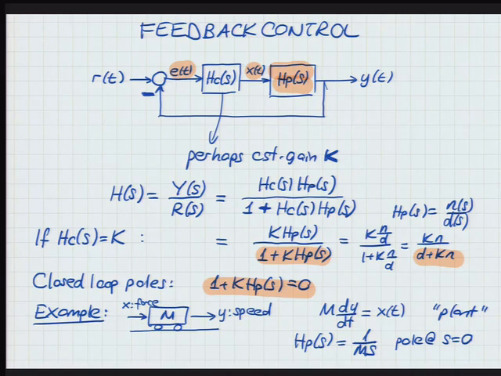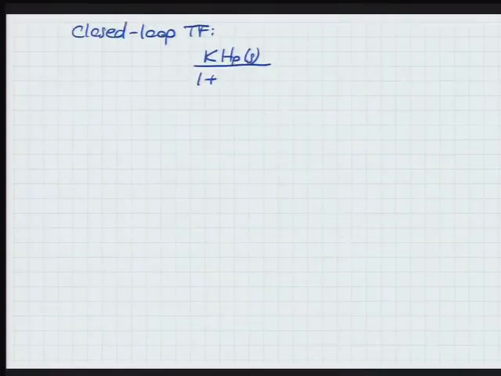So what is the closed loop transfer function? Let's just write it out. The closed loop transfer function, remember, is k times HP of s by 1 plus k HP of s.